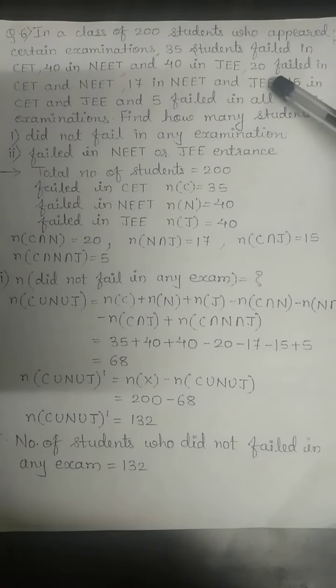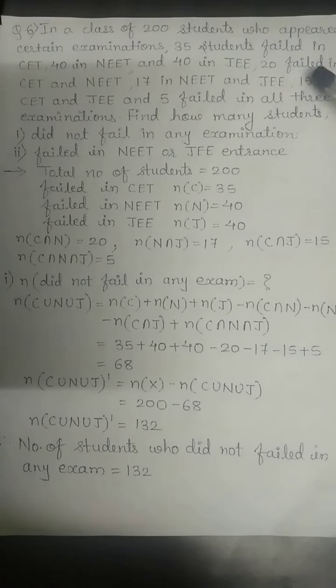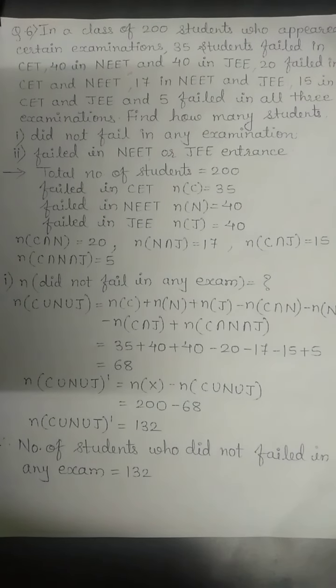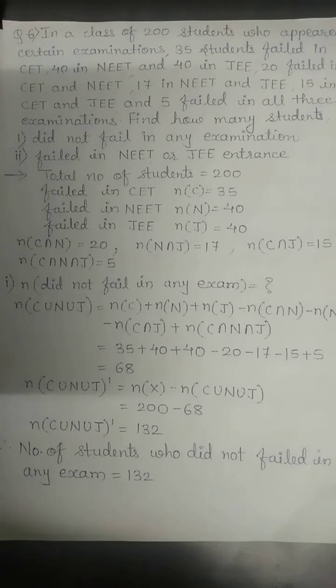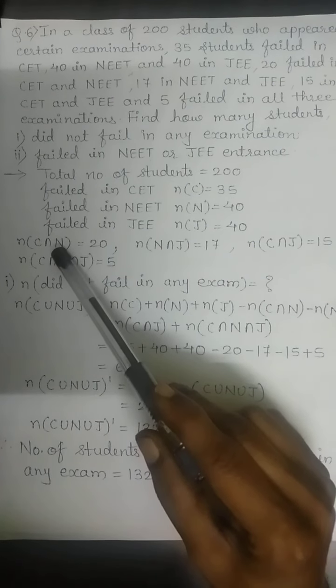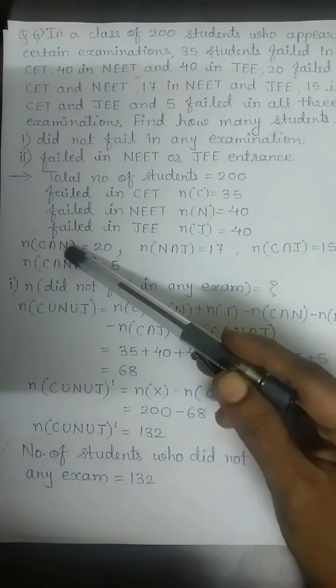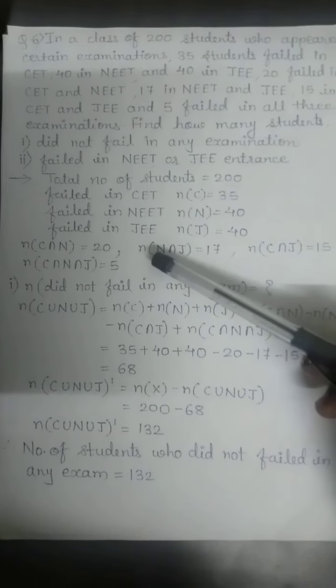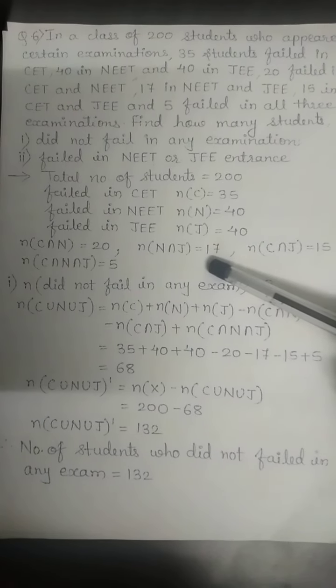Now we have been given the number of students who failed in both CET and NEET, NEET and JEE, CET and JEE. So here we will write that in the form of intersection. The number of elements present in C intersection N is equal to 20. The number of elements present in N intersection J is equal to 17.